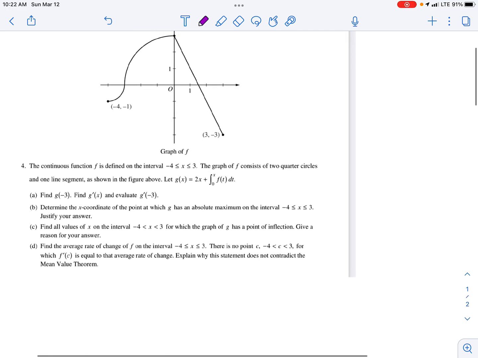So for part A, if I want to find g of negative 3, I'm going to look at the information that I'm given. Let's see, what am I given? I'm given the graph of f.